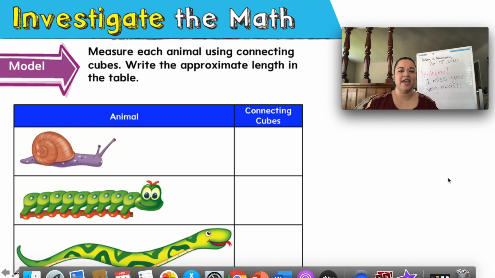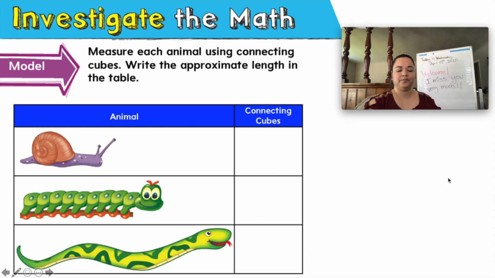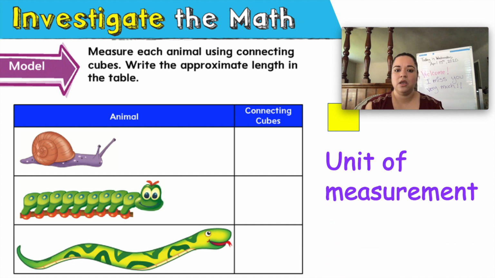I want you to go ahead and look at this chart. It says, measure each animal using connecting cubes. Write the approximate length in the table. So I want you to see what it is that we're going to do. We're going to use this cube right here. Because we're using the cube to measure objects, we're going to call the cube our unit of measurement.